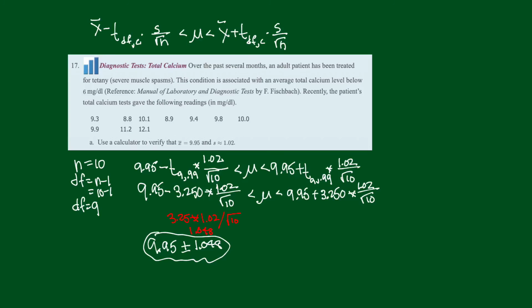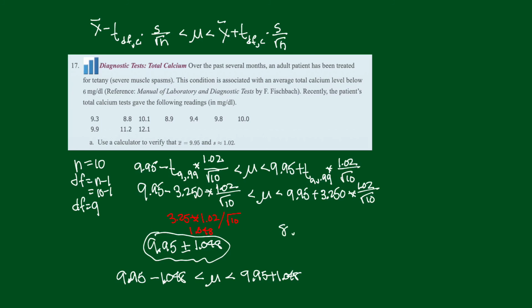But if I actually do this now, where I type in 9.95 minus 1.048, then that's going to be less than the mean, less than the 9.95 plus that 1.048. They'll actually do those.